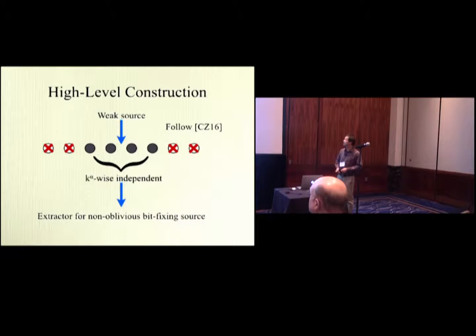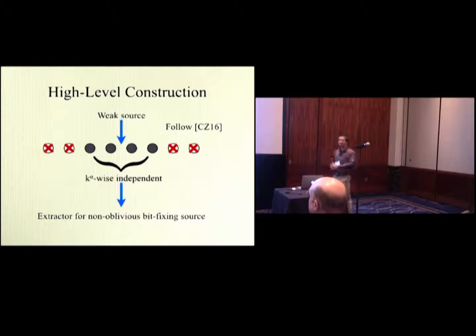Right. So in the rest of the talk, I will describe on a high level some of the ingredients that go into the constructions. On the very high level, the construction is going to follow what is done in the work by Chattopadhyay and Zuckerman. We first take this weak random source, whether it's two independent sources or an affine source, and then we turn it deterministically into something called a non-oblivious bit-fixing source.